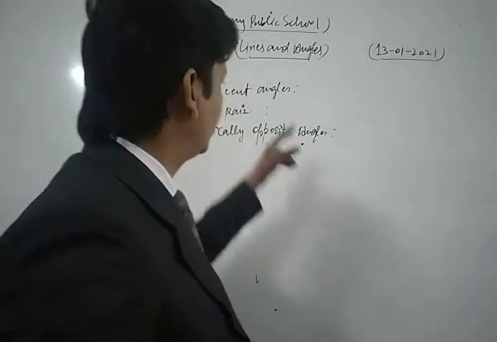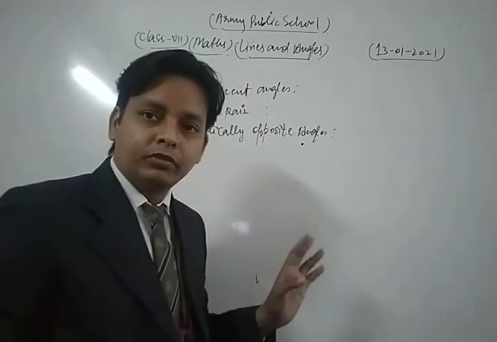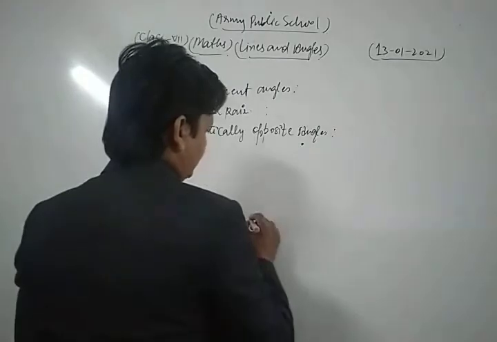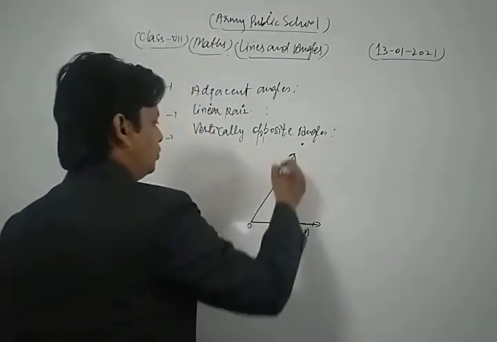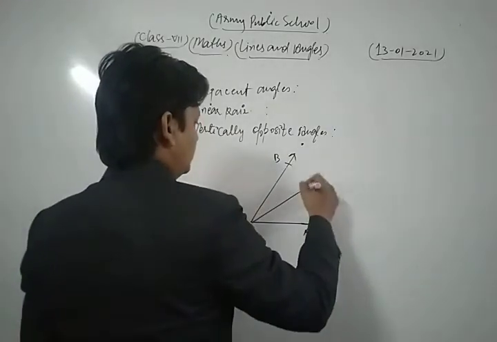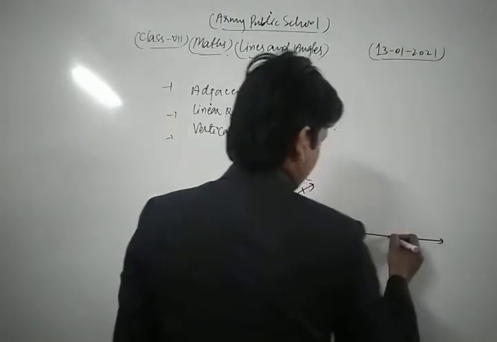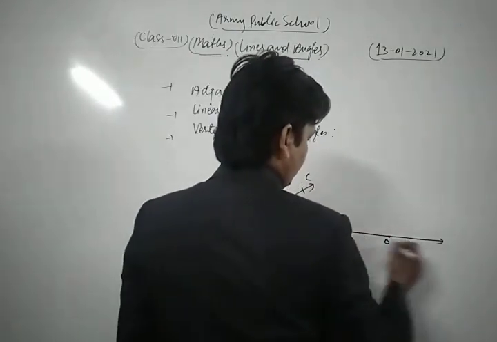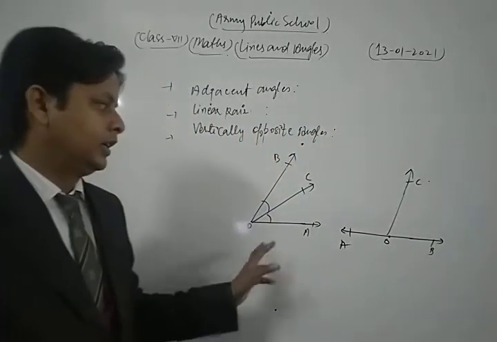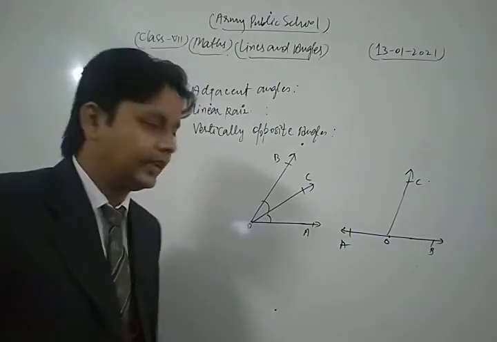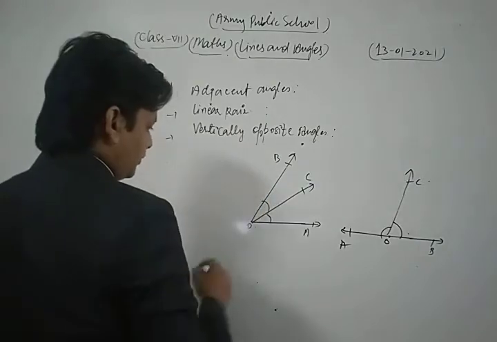Okay, so let's see, we define both adjacent angles and linear pair with the help of a figure. Here this is OB, this is OC, and this is O, A and B. In here we have angles AOC and BOC.